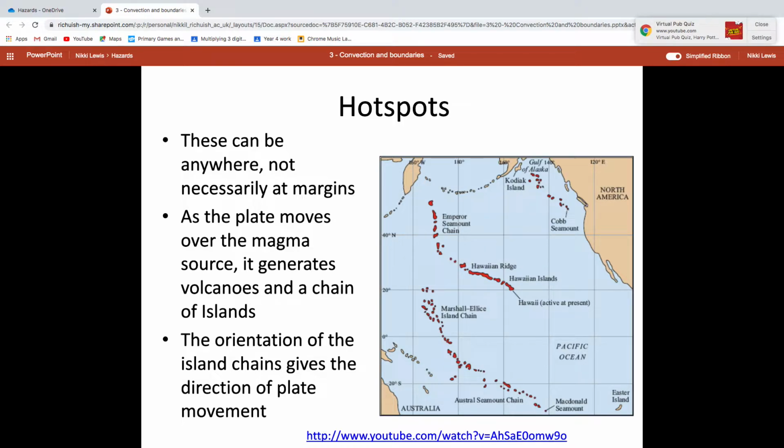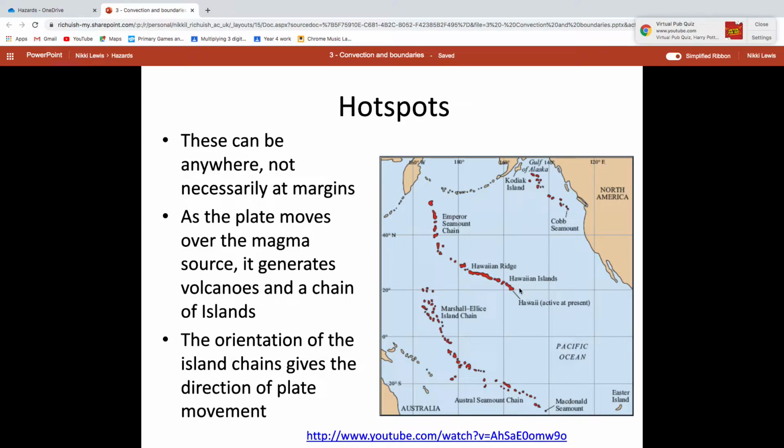Now, here's the weird thing. We know that the plates move. We've talked about that on a number of occasions. Hotspots stay still. So, Hawaii, which is the hotspot that pretty much everybody talks about, the reason that you've got this chain of volcanoes is because the Pacific plate has been moving, and we just said in the San Andreas point that actually it's moving quite quickly.